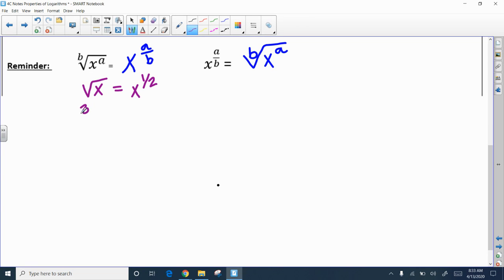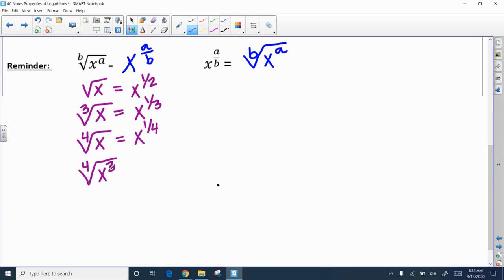Or if we have a cube root of x, that would be like x to the 1/3 power. If I have a fourth root of x, that would be x to the 1/4 power, etc. Now, say we have something like the fourth root of x cubed, we can rewrite that as x to the 3/4 power. Okay, so that's what this property is telling us. That's something we already know from Algebra 2.